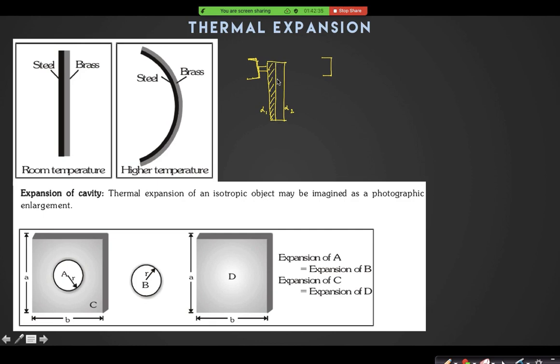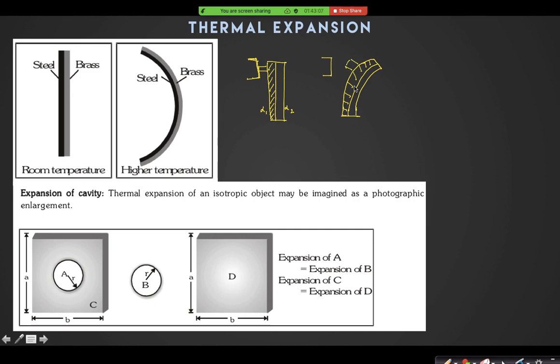But they are not connected together, right? So the only way is that they will bend in this way, such that the material having the larger coefficient of linear expansion will be outside of the bend, so that it has a larger length than the other.